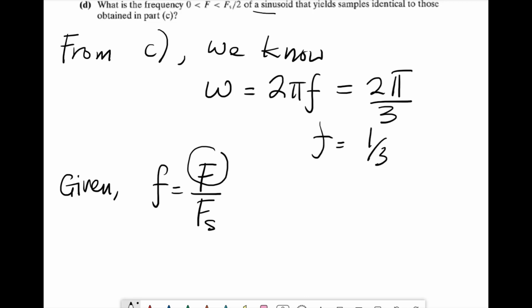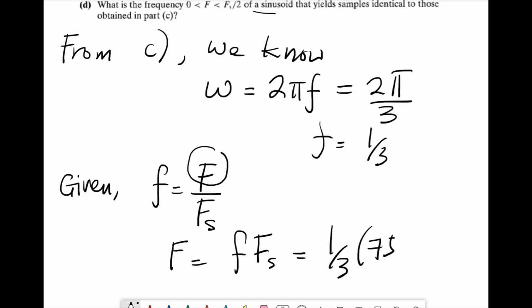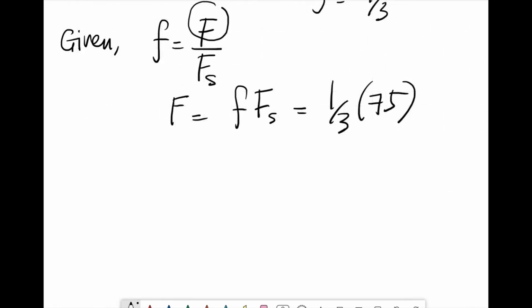So F equals small f times Fs equals 1 over 3 times 75. Okay, this will give you 25 Hertz. Okay, so 25 Hertz is your frequency for the new sinusoid.